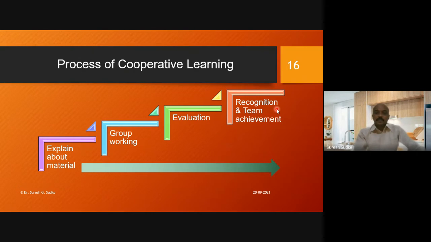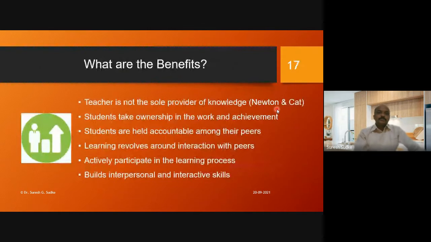What are the benefits of this cooperative learning? The teacher is not the sole provider of knowledge. The students will take ownership of their own work and achievement. Means the teacher is not only giving the knowledge in cooperative learning.